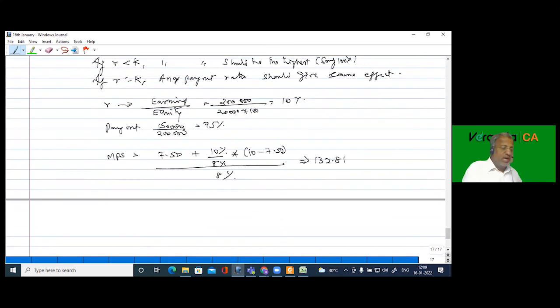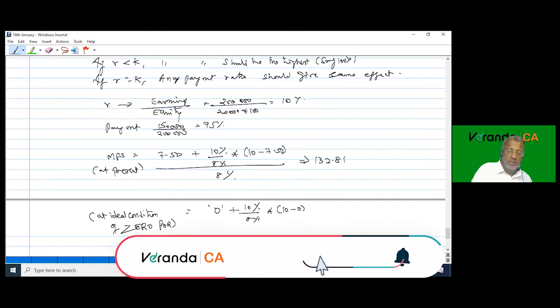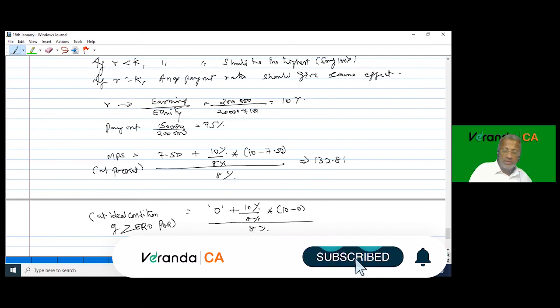This is at present. At ideal condition of zero payout ratio, it would have been 0 plus 10% divided by 8% into 10 minus 0, the whole divided by 8%.